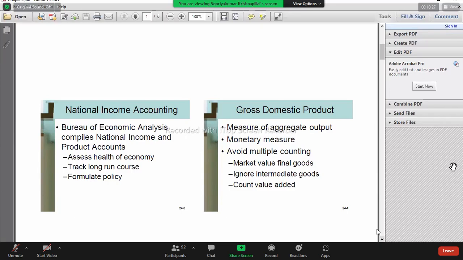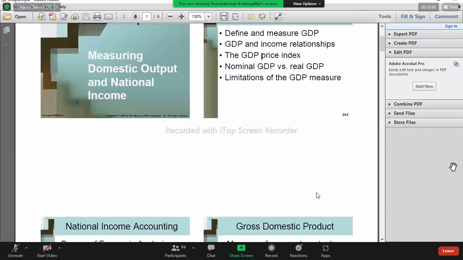That is one method to calculate gross domestic product and avoid double counting. So GDP is the market value of final goods and services. We ignore the intermediate goods, or we can use the value added procedure.